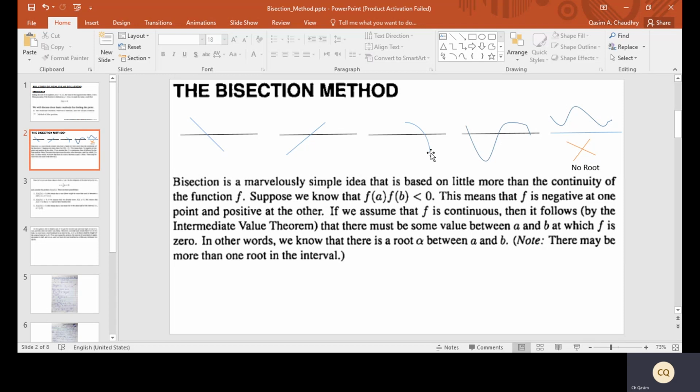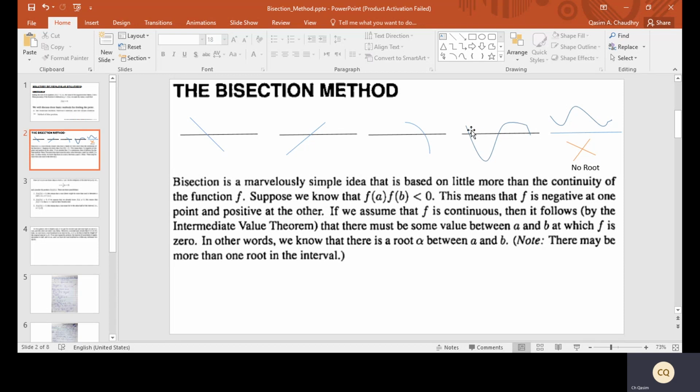So this is the main idea. If it is crossing the x-axis, that is basically your root point, your value where the function is 0, and that is called the root. So at least one root will definitely exist.